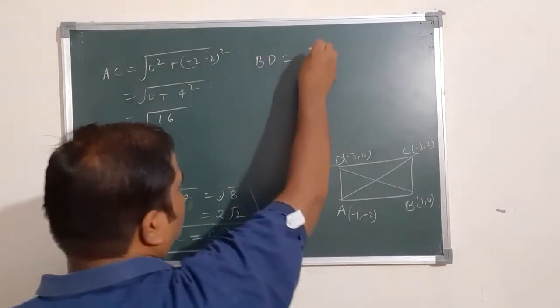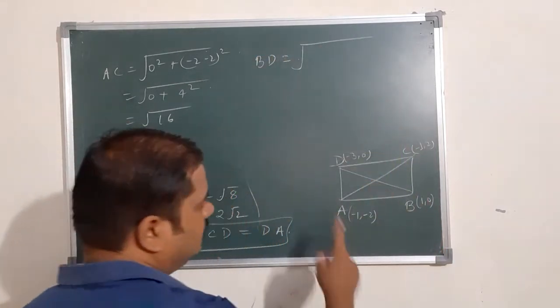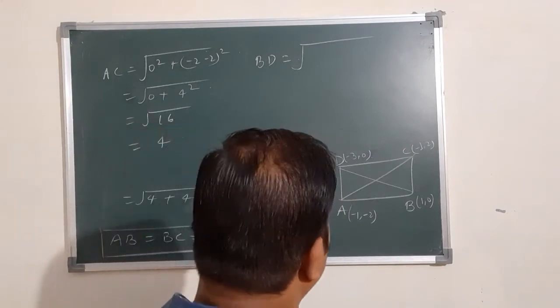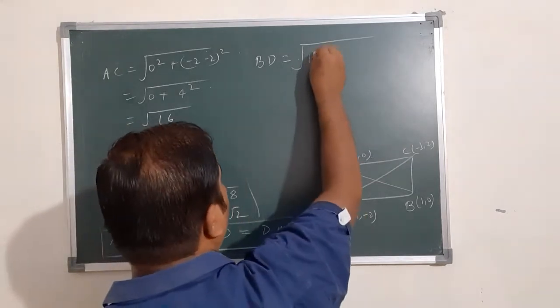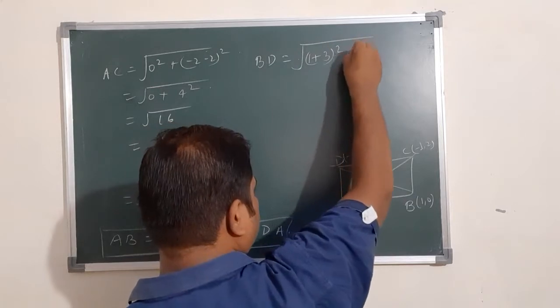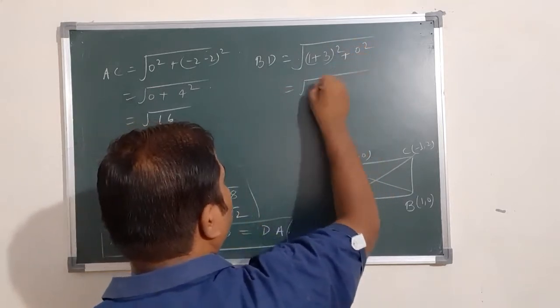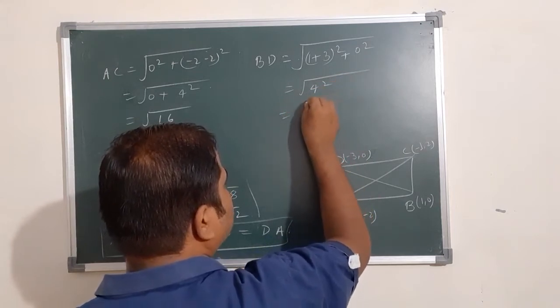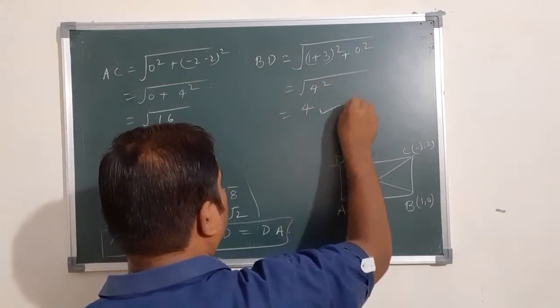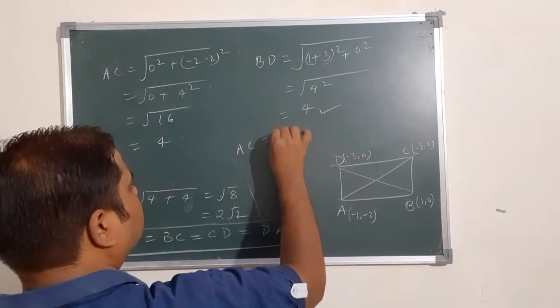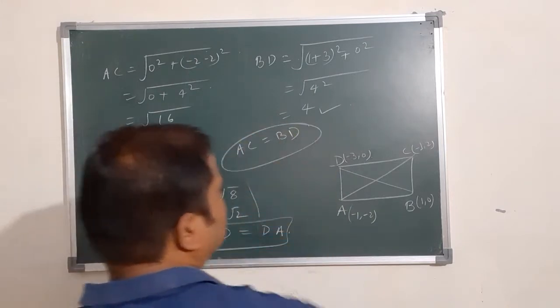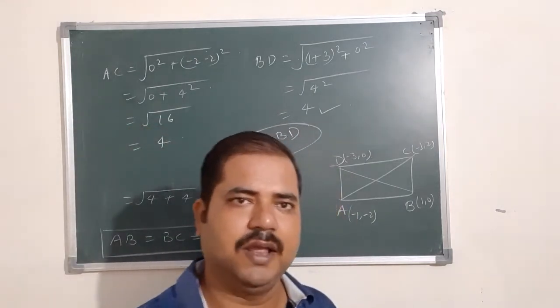BD is also root of (1 + 3) whole square plus 0 square. So this is also 4 square, this means 4 only. So AC is equal to BD also. Now you can say this is a square.